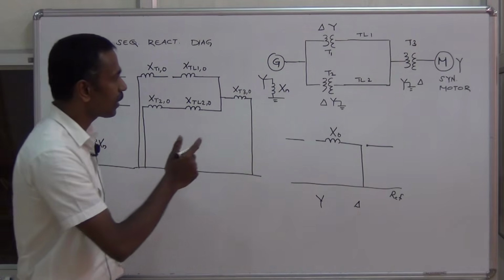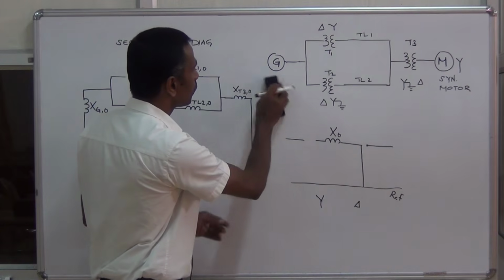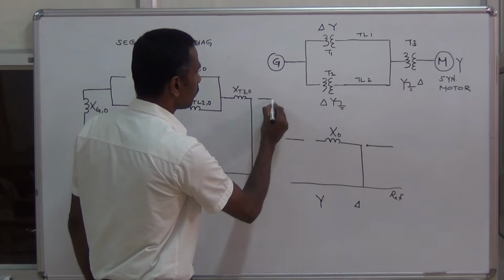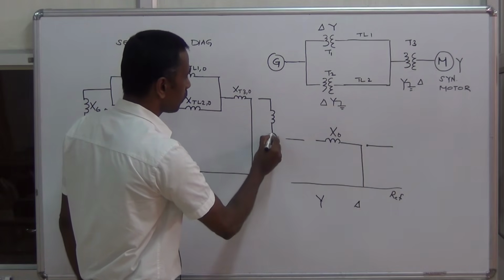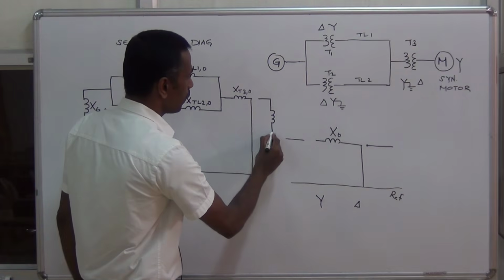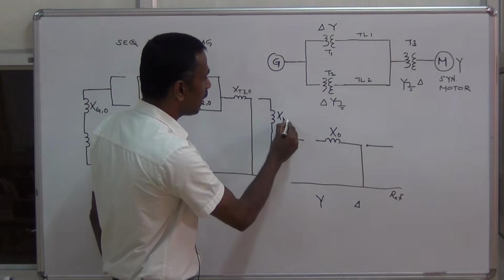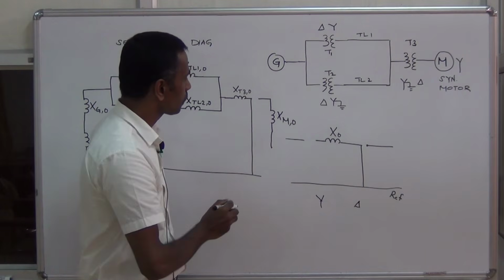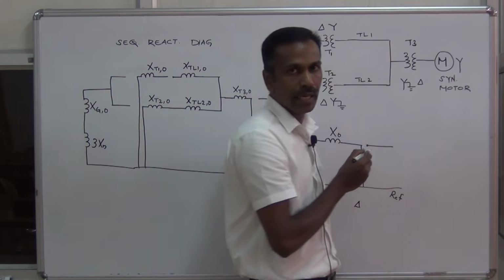Then we have the load here. This is our motor. This is the zero sequence reactance of the motor, XM0. And this star connection is not grounded.